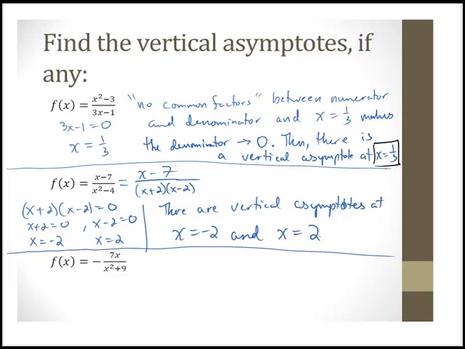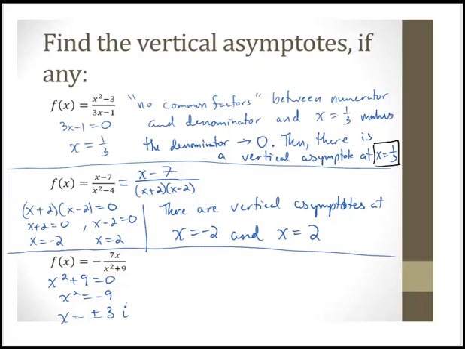In the third example, we have f of x is negative 7x over x squared plus 9. Now, we haven't learned how to factor x squared plus 9 in this course. And in fact, if we tried our other method, x squared plus 9 equals 0, and subtracting 9, we'd have x squared equals negative 9, and then using the square root property, we'd have x is equal to plus or minus 3i, because we're taking the square root of a negative number. So those are non-real.